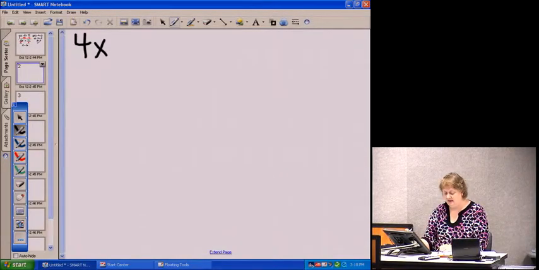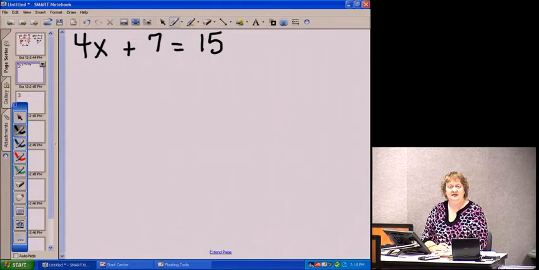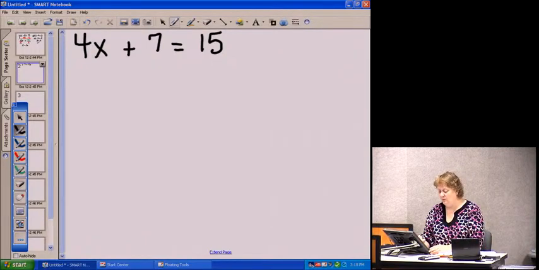4x plus 7 equals 15. So as we look at this, the x has got something multiplied with it and something added to it. So the first thing we want to do is undo the addition. So plus 7, we want to subtract 7.